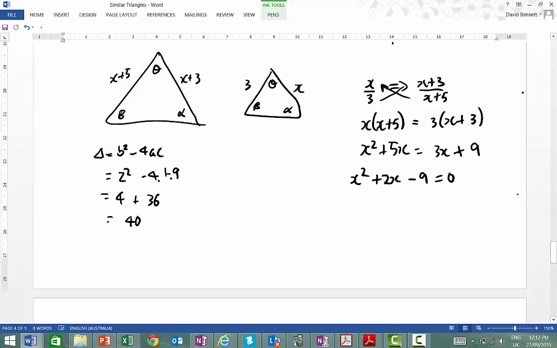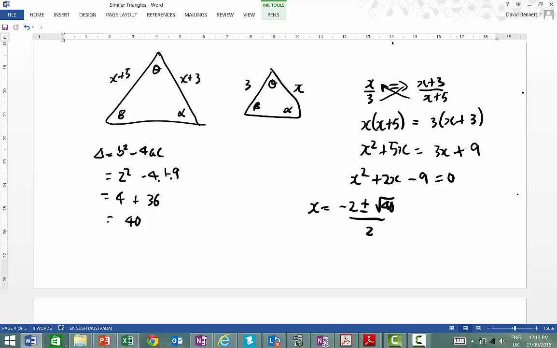Now I can work out my x. In the quadratic formula, x is equal to minus b, so that's minus 2 plus or minus root 40 all over 2a, which is 2. Now 40 is equal to 4 times 10, which is going to be 2 root 10.